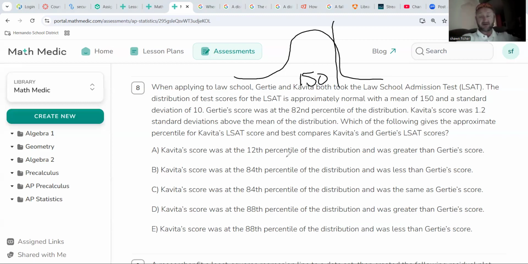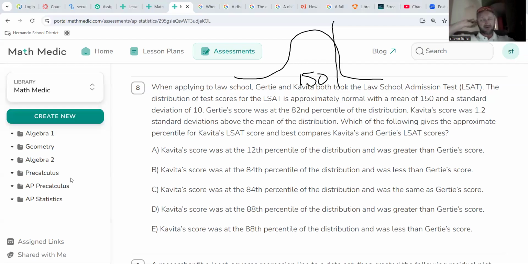We went over this either last week or a week before. How do you find a score given a percentile? We're going to go to our calculator, and I know you can't see it. We're going to go to inverse norm, which is second, distribution, inverse norm.